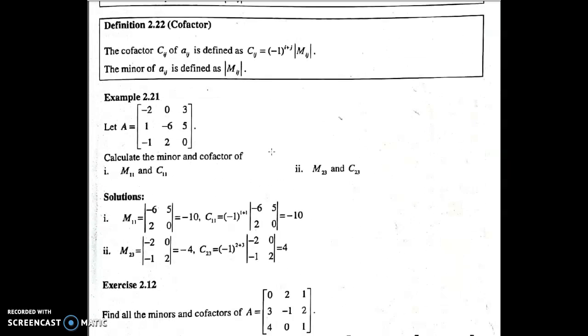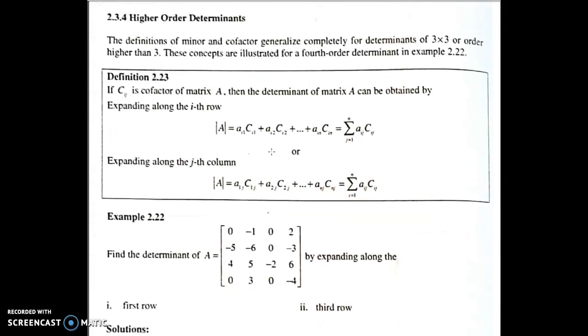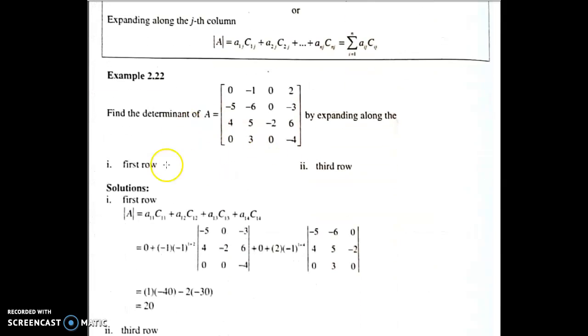So for A12, which is this one, this is the row and column of M12. To calculate the minor, remember we need to take the elements other than its row and column, which are -5, 0, 0, -2, 0, -3, 6, -4.